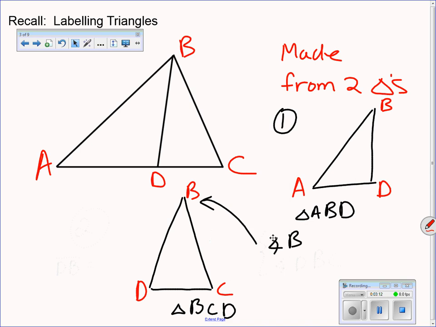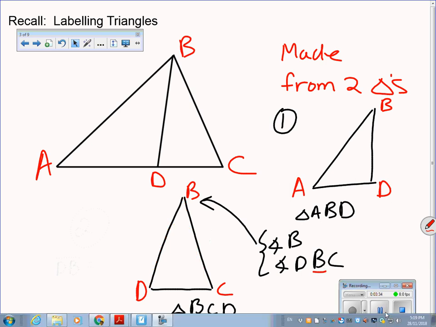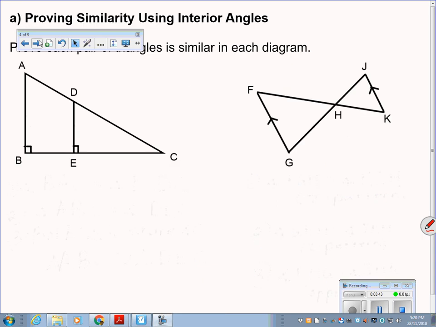When we want to describe the angle, we call it angle BDC, where D is in the center of B and C. So we start here, go up here, and then go down to represent that angle. Now let's go on to our triangles, because we're going to use some of the stuff that we studied before.